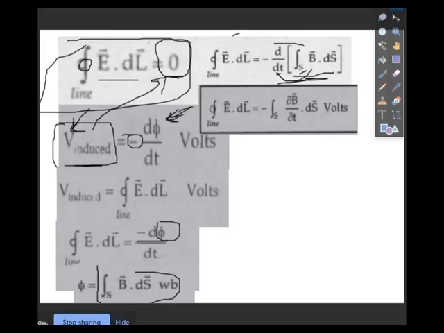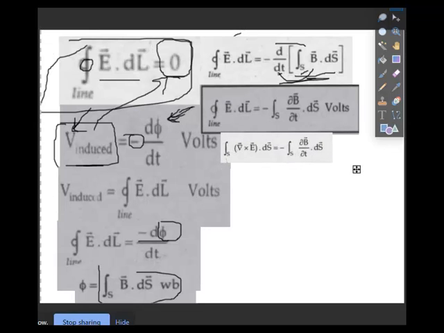This is Stokes theorem. On the left hand side, Stokes theorem states that the closed line integration of any vector is equal to the surface integration of del cross that vector. After application of this, we can easily remove the surface integration from both sides.